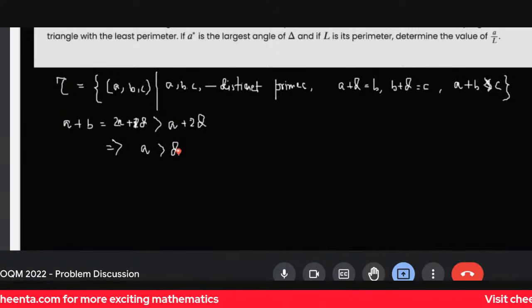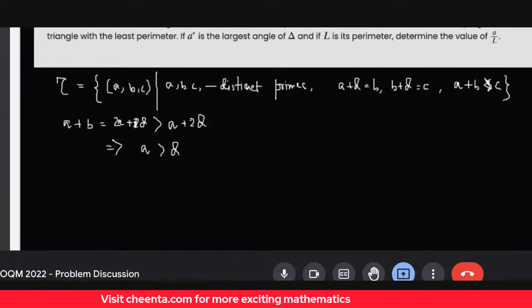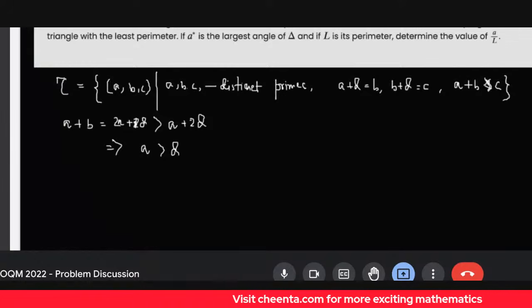So now we think of this problem as a tuple of three distinct primes such that a, b, c are in arithmetic progression, and the common difference is always less than the first term.